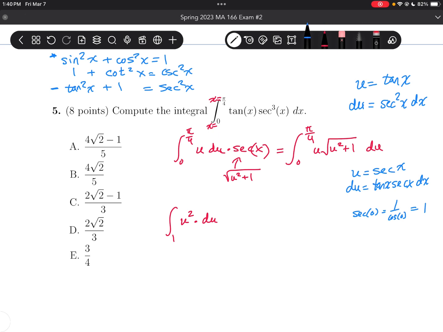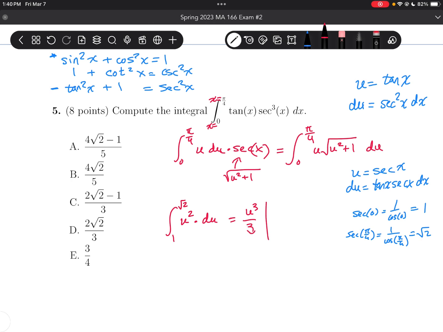Do the same thing for the upper bound. We take secant of pi over 4, which is equal to 1 over cosine pi over 4, which is equal to 1 over root 2 over 2. So the upper bound is equal to root 2. Alright, and now we can just take the antiderivative as normal. The antiderivative of u squared by the power rule is u cubed over 3.